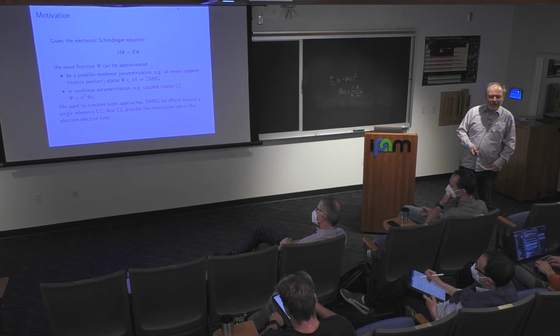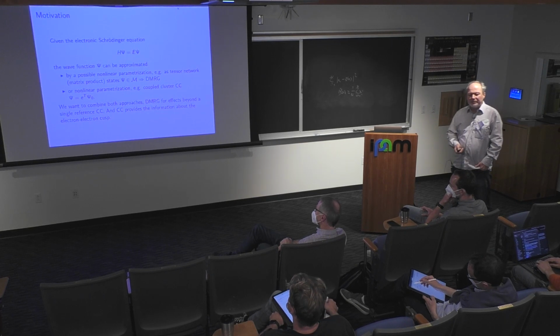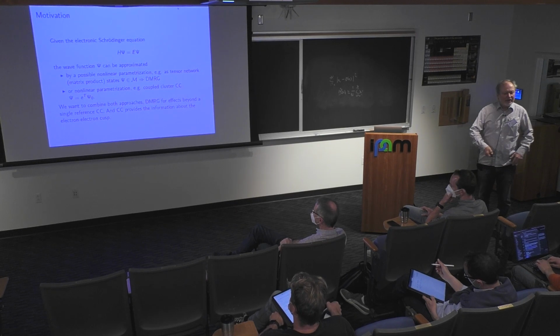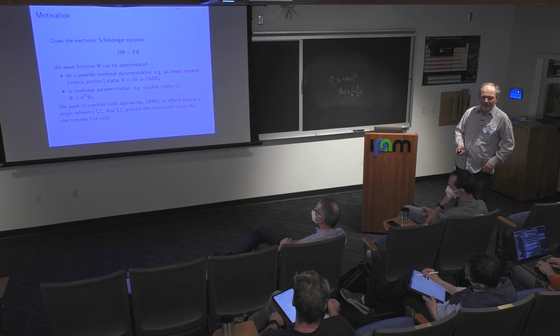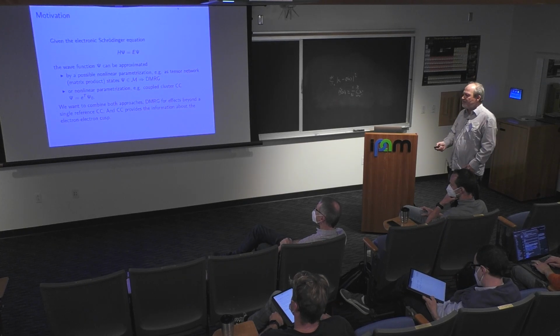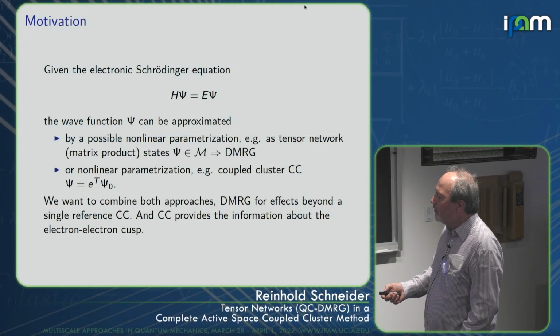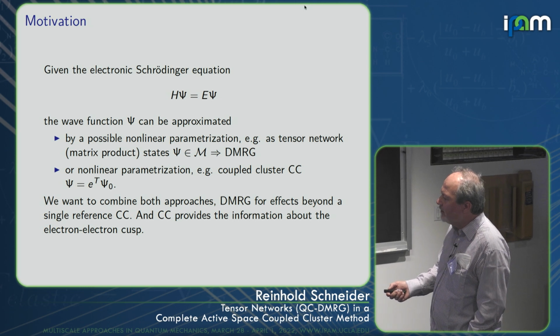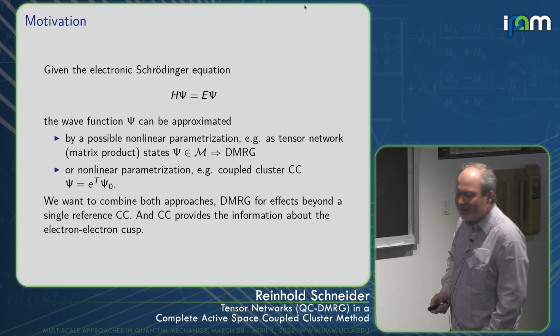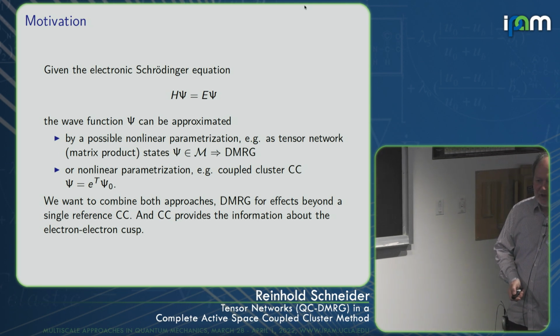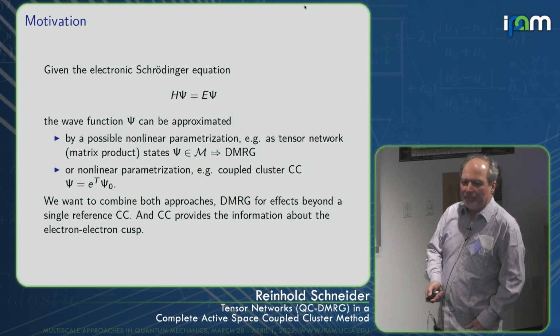And what we are using as improved coupled cluster methods are already, I would not say established, but already known methods in multi-reference coupled cluster theory. Okay, and the idea is that we really want to compute effects which are beyond the capability of single reference coupled cluster.